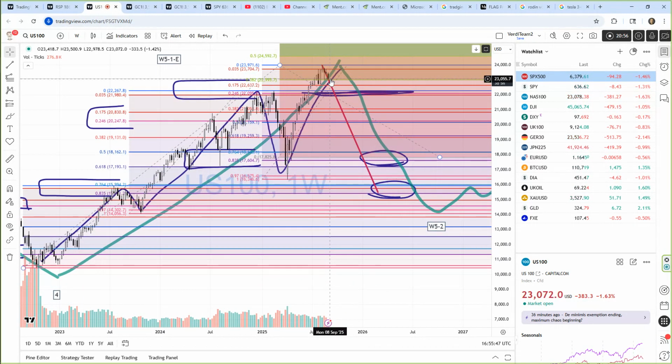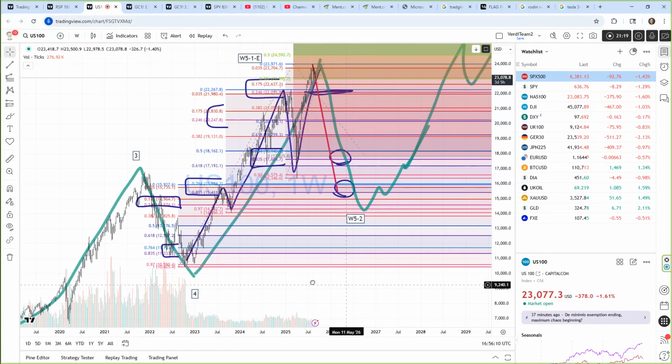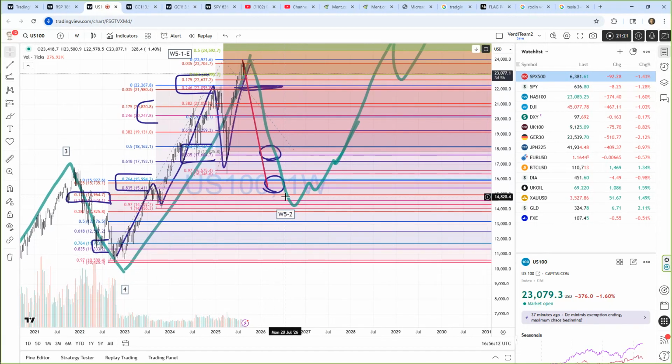Now, as we enter into this breakdown period, which is starting to move into a solid breakdown, we know where the defense level is, 22,000. We know where our targets are down in this area based on these defense zones. This would represent a big, broad wave 5-2 pullback, which would then extend into a potential basing, bottoming pattern throughout 2026.